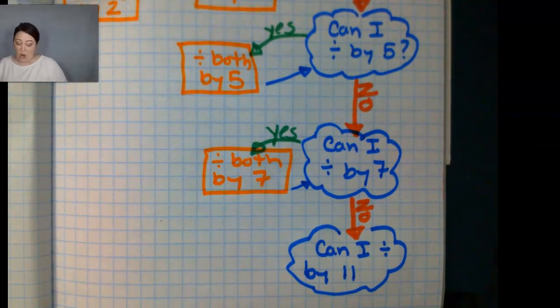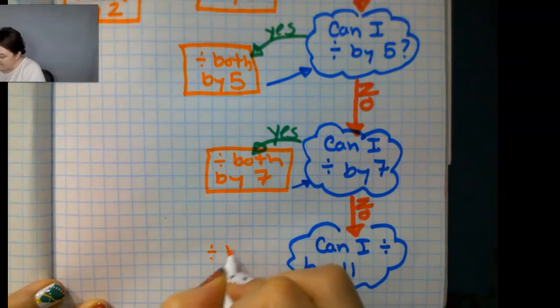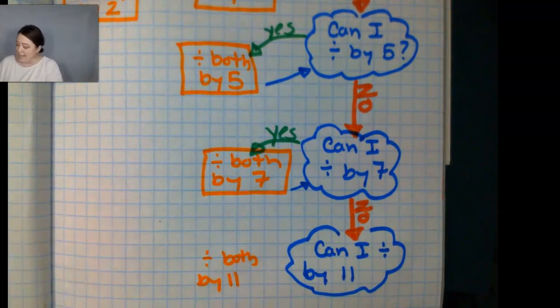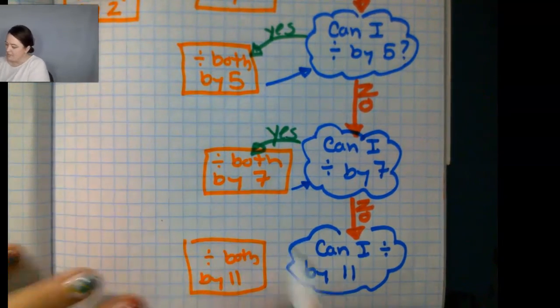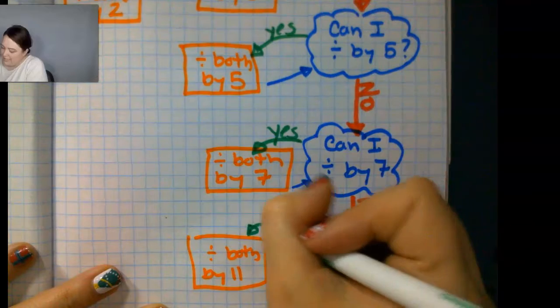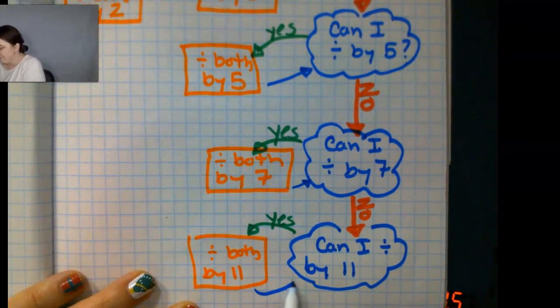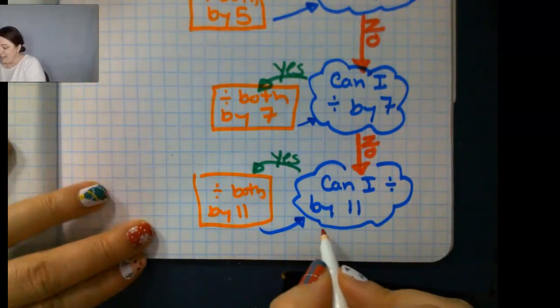It really has to do with the fact that they are prime. So if yes, divide both by 11. Sometimes it's 13, but we're not going to go to 13. So yes, and then you ask yourself again. Sometimes it's no.